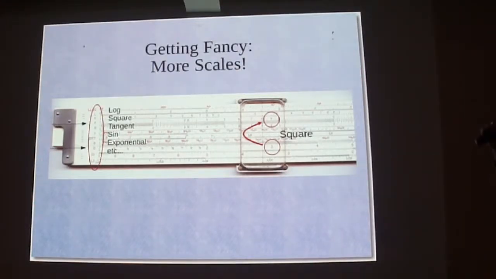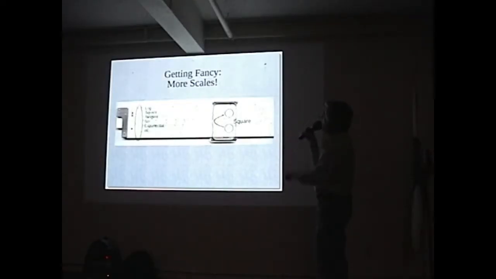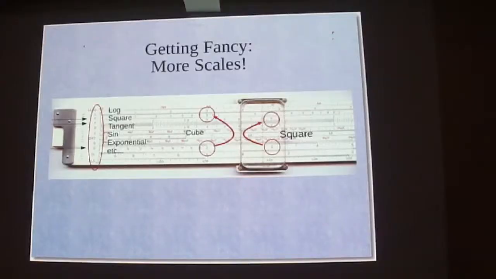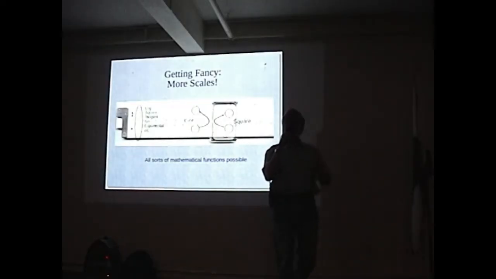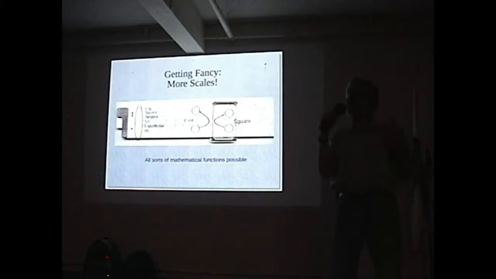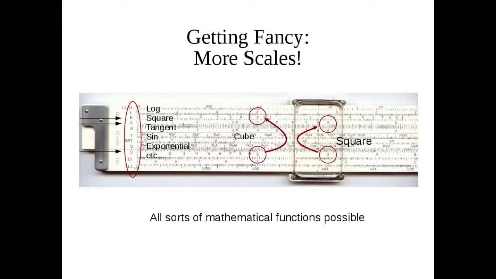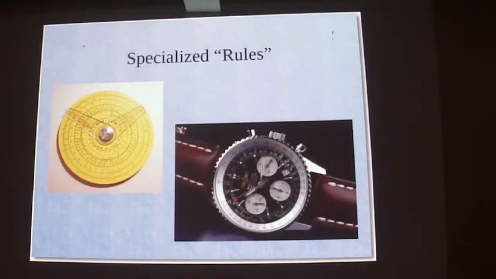There's also a K scale that's got three of them next to each other. What's 3? It's cubes, right? So I can take 2 cubed is 8. You move the cursor back and forth. They've got different scales for sines, cosines, all kinds of mathematical functions, and some interesting configurations.